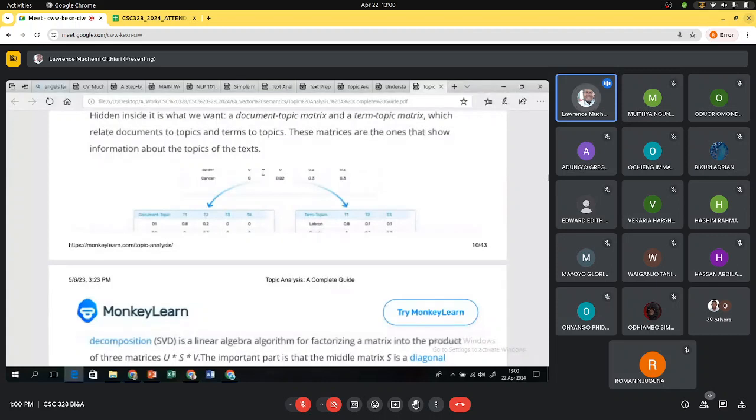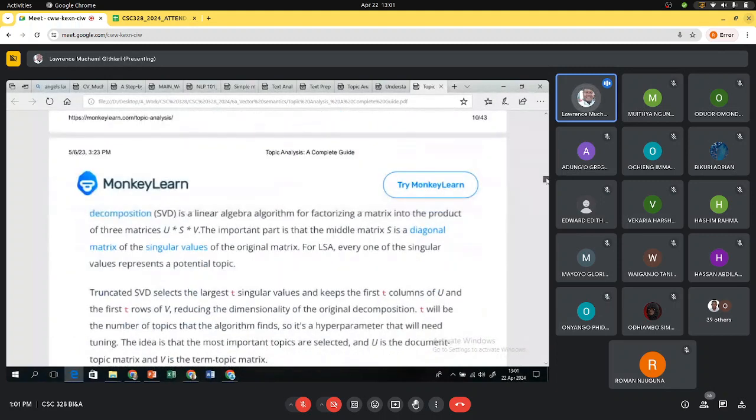Once you create the document topic matrix, which can be made of the documents and topics or the terms and the topics, then you apply what we call the singular value decomposition, the SVD.